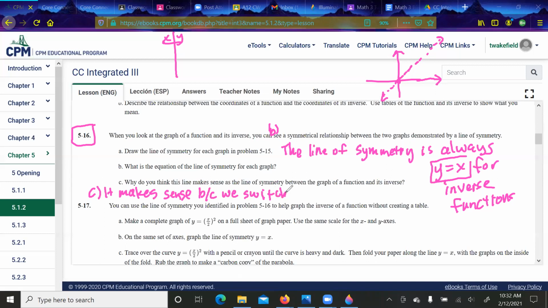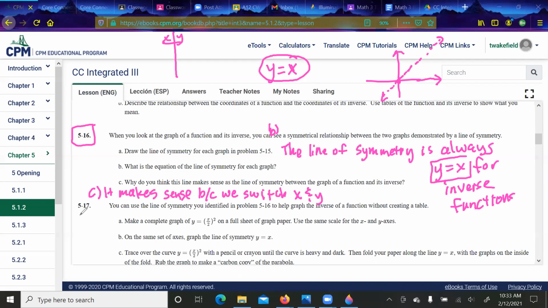You swap the coordinates. Yes, because we switch x and y, and when we switch x and y, the x and the y are equal when y equals x. So y equals x is where they're the same. That makes sense. That's the line of symmetry.